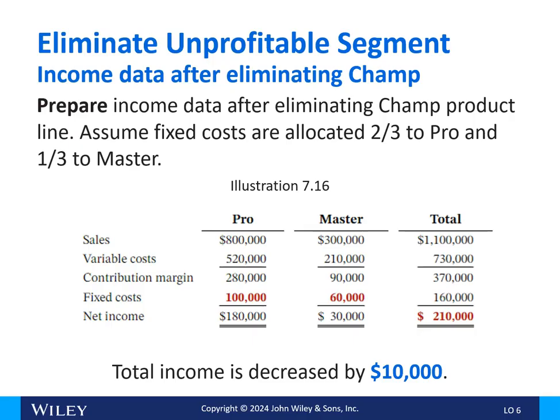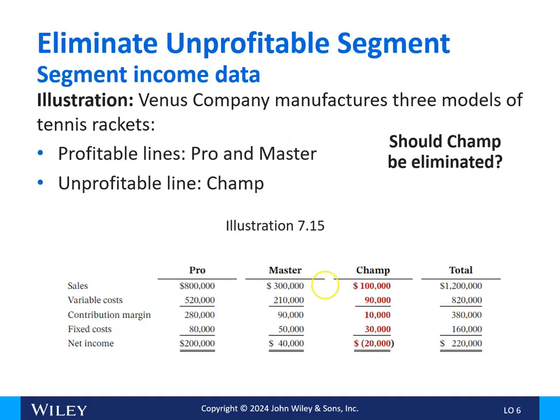If we look at the income data after eliminating Champ, we assume that fixed costs are allocated 2/3 to Pro and 1/3 to Master. And our net income is $210,000, which is actually $10,000 less than what it was with the Champ. The key thing that happens here is that even though we have a loss of 20, we have $30,000 of fixed cost assigned to the Champ line.